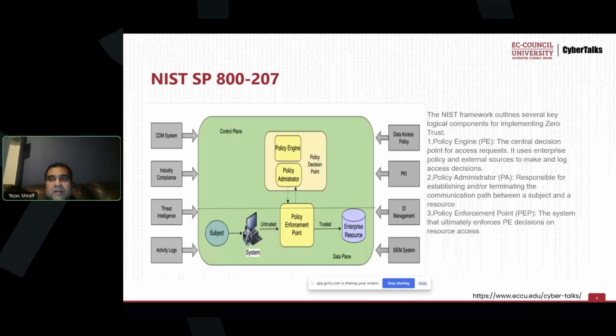The policy administrator is responsible for establishing and terminating communication between a subject and a resource. Well, the policy enforcement point is the one which enforces the policy engine's decisions onto the resource access.